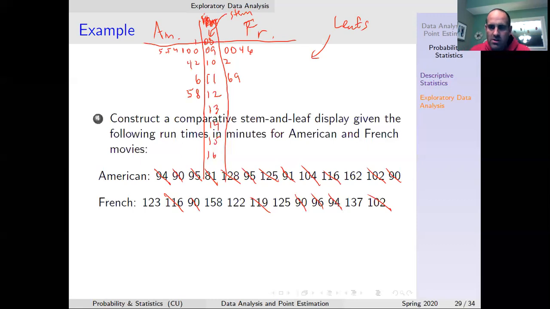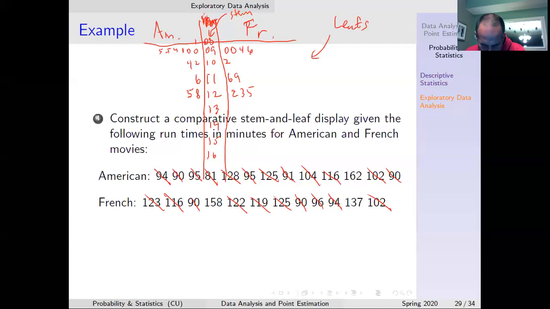It's not wrong to have an 8 and a 5 rather than a 5 and an 8. I'm just trying to collect the data in an organized way. So I have a 128 and a 125. What's going on with the French side? I see a 122, a 123, and a 125.